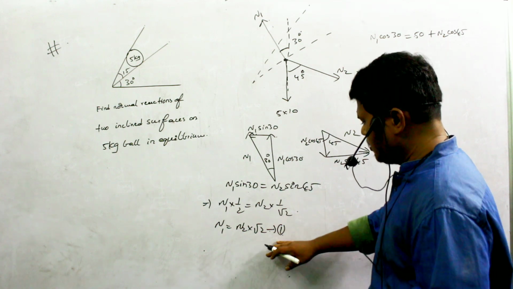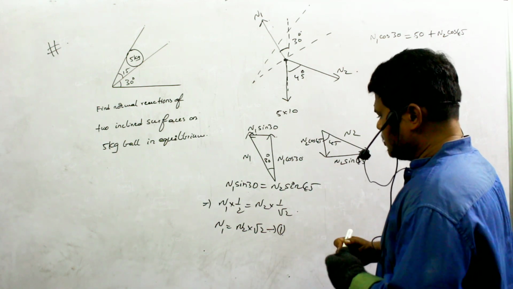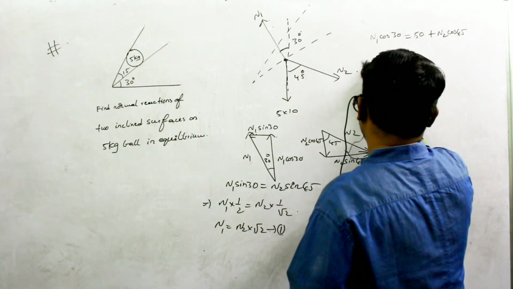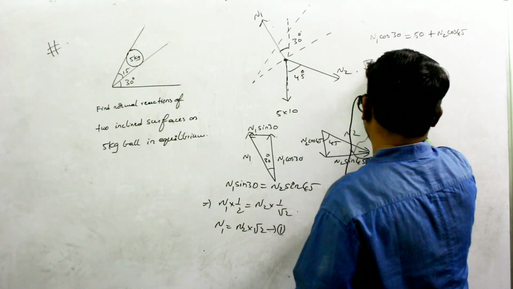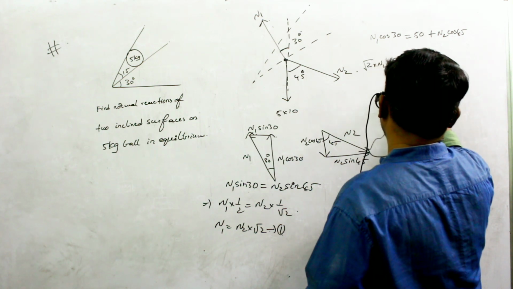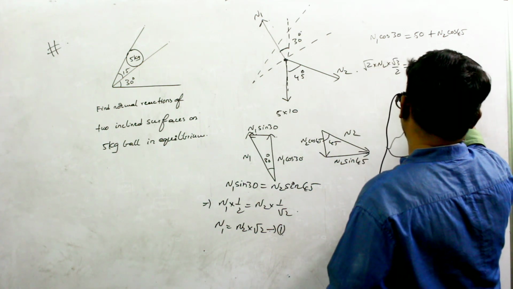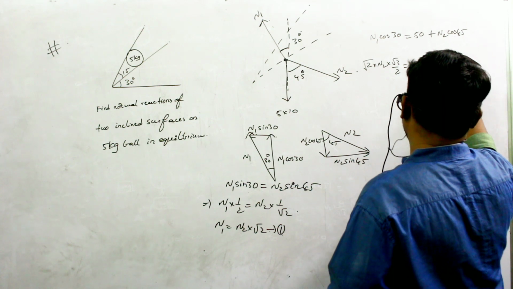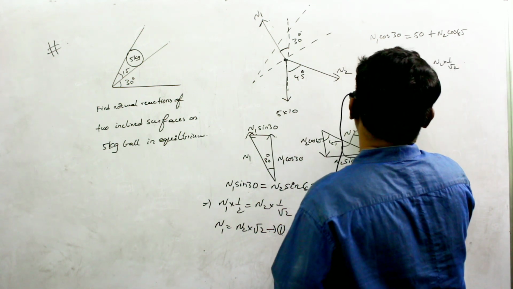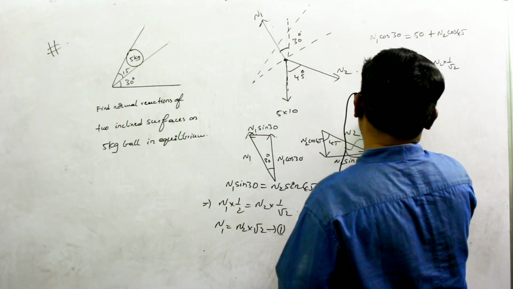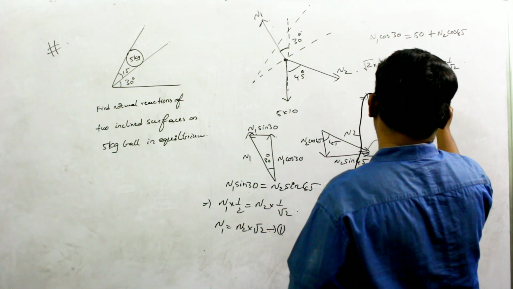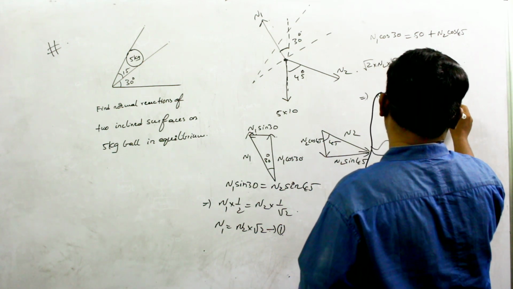For N1 we have already derived a relation: N1 equals root 2 times N2, which I will substitute here. So root 2 times N2 into cos 30, which is root 3 by 2, equals 50 plus N2 cos 45, which is 1 by root 2. Simplifying, N2 into root 3 by root 2 equals 50 plus N2 by root 2.